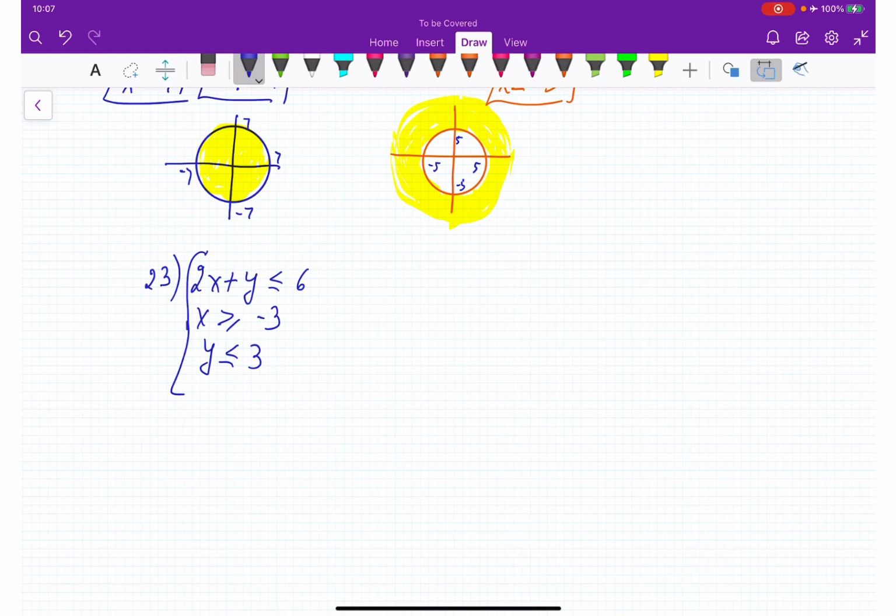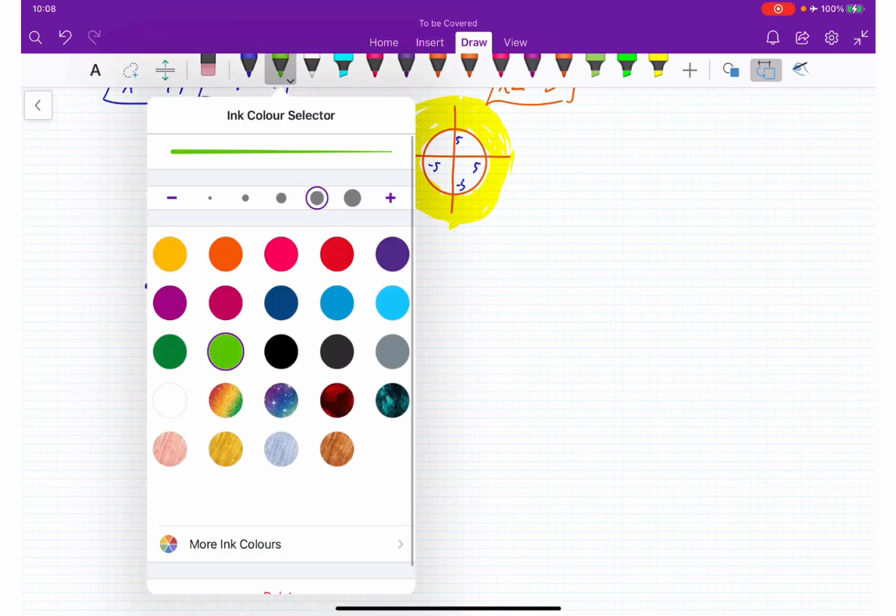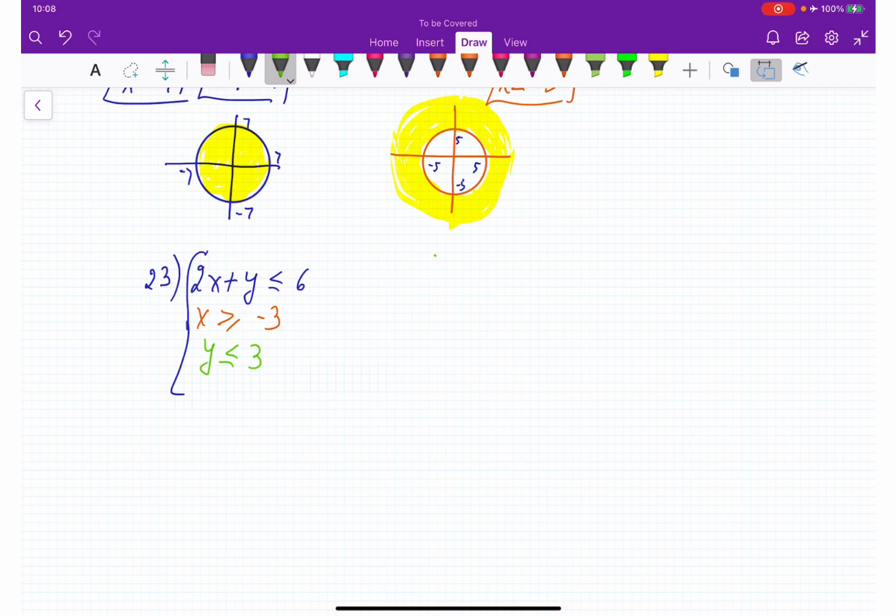We do the first one, changing colors. This is going to be brown, and this one is going to be green. Let me make it thicker. Okay. So 2x plus y less than or equal to 6.